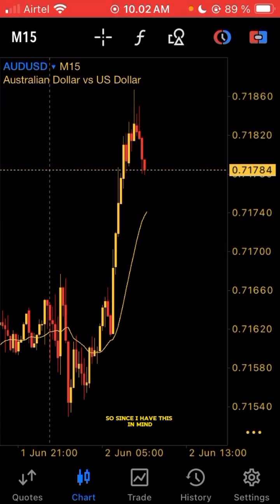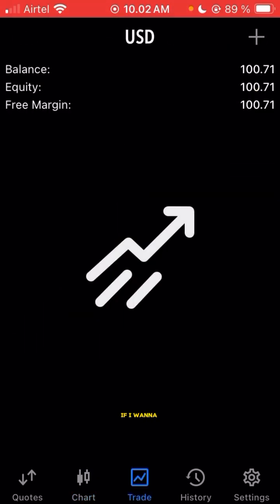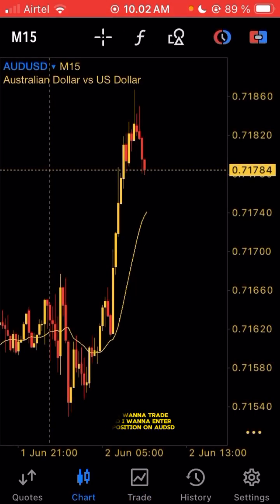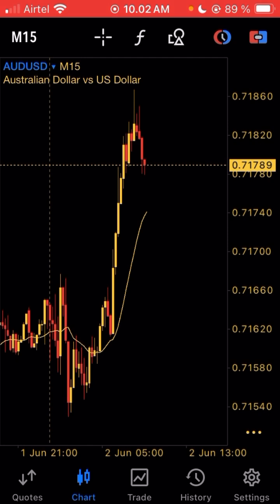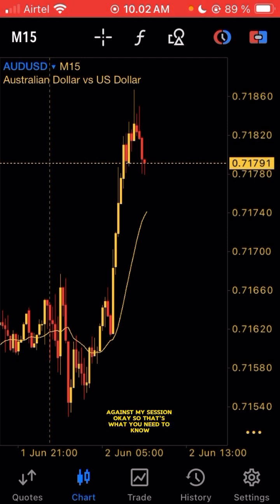So if I want to enter a position on AUD/USD, I will have to wait till the Asian session, except I flipped the account to a bigger amount, so I can accumulate more positions and take the effect of trading against my session. So that's what you need to know.